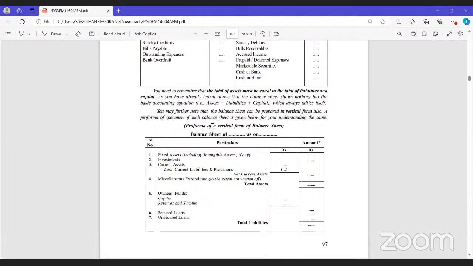Same balance sheet, but given in a different format. Same, we will have current assets, current liabilities, fixed assets, and non-current liabilities.